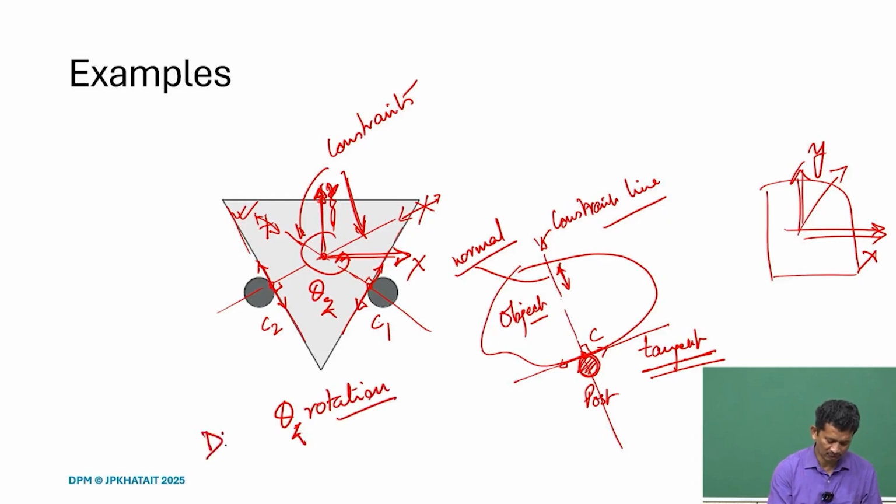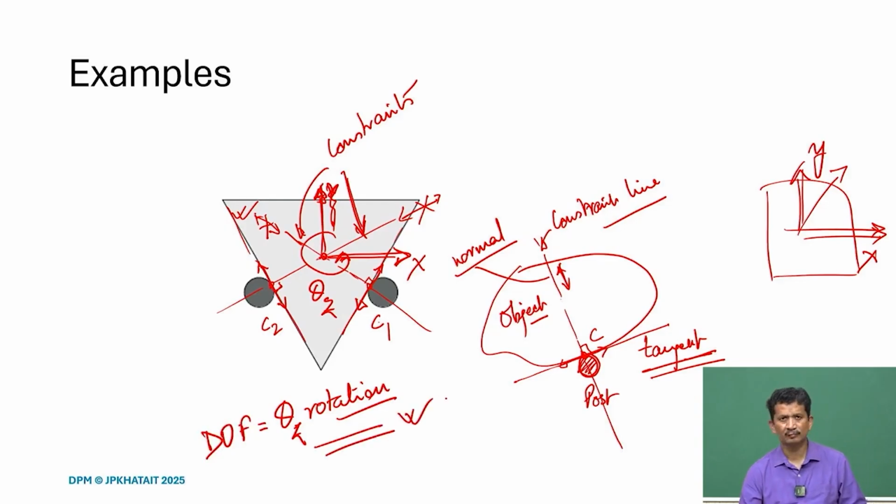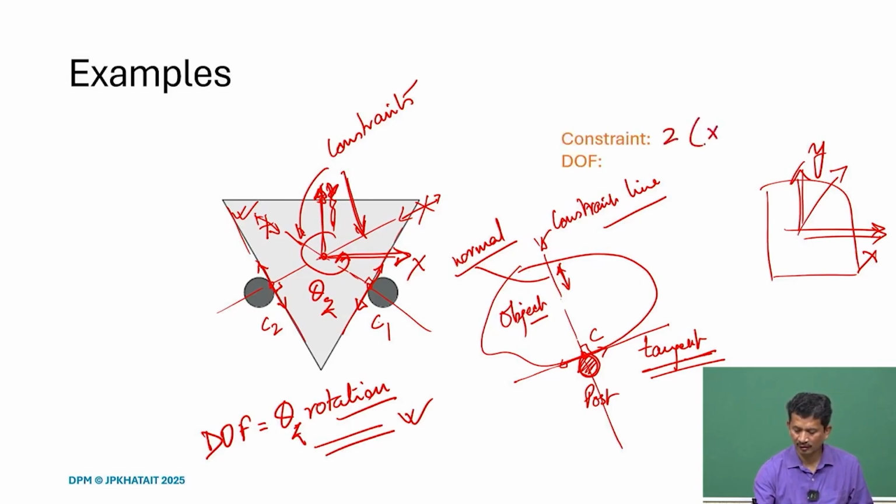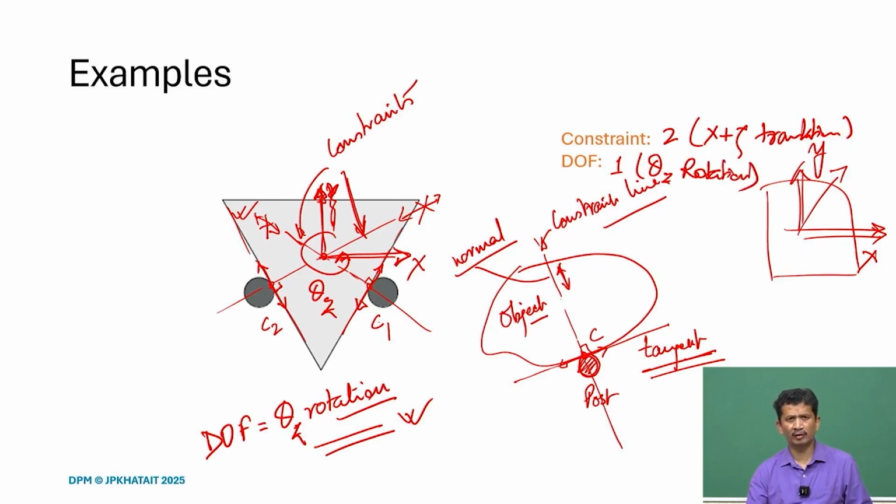So, this is the degree of freedom we have. The constraints are two: x and y translations, and the DOF is 1, which is theta z rotation. Be aware of this.